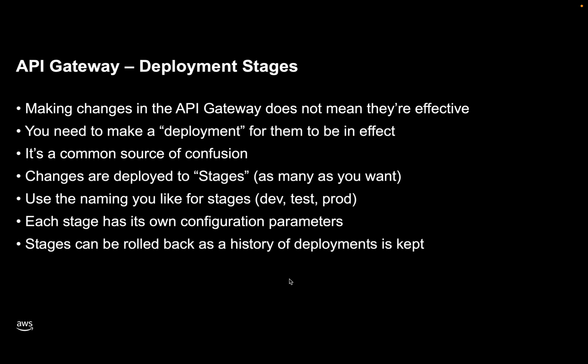We can roll back to the previous history, I mean we can time travel back and get the history of the deployments. That's the biggest advantage of deployment stages in API Gateway.